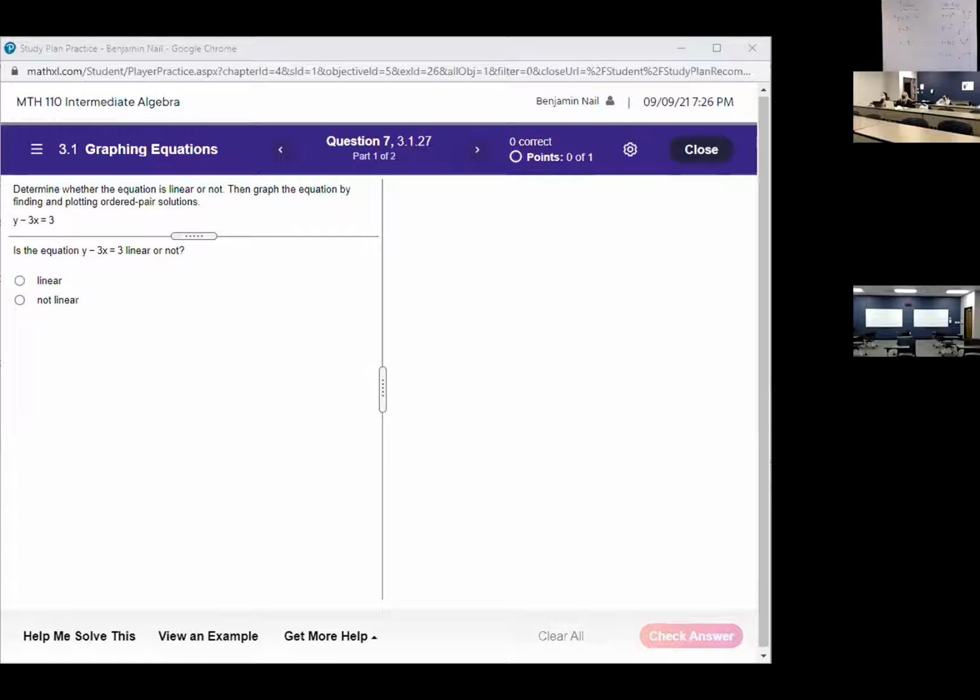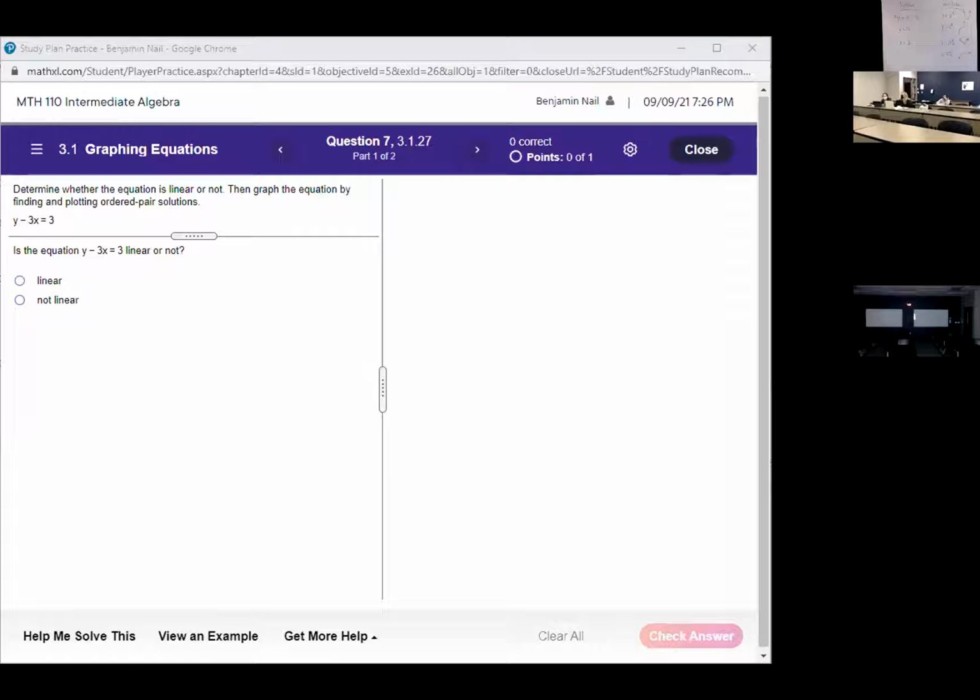Now, when it has you graph, you have to graph on here, and it's not by a pen, it's a bunch of button clicks. So you can click on this tool to enlarge, or if you click within the graph, it's going to give you some options down here at the bottom. This is what you're going to use. When it's linear, you're going to grab the one that is a straight line. So if you can kind of follow my hand, little icon down here at the bottom. So this is linear.